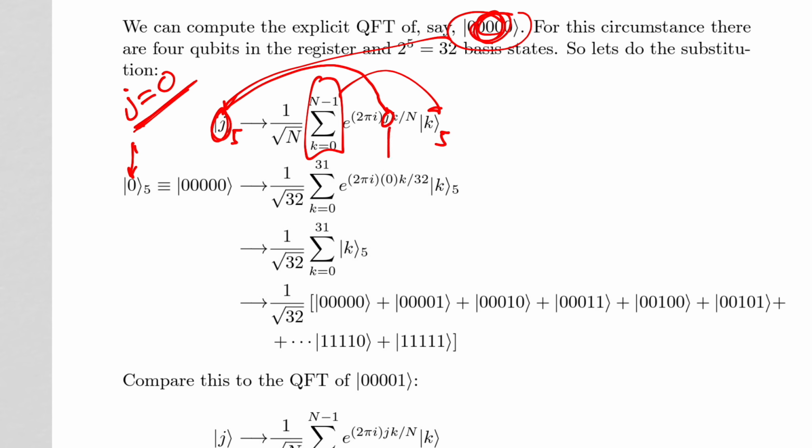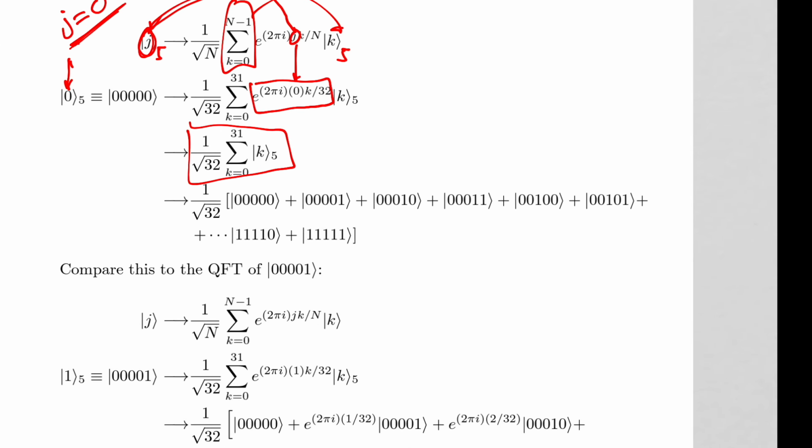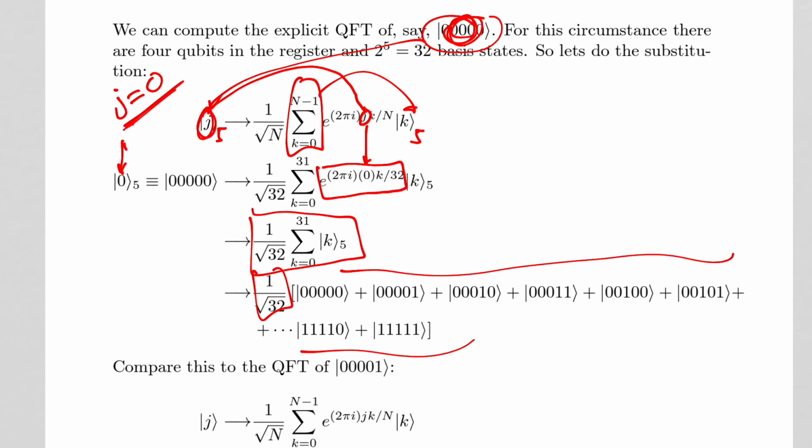So you're always going to have a 0 there, and so this phase is never going to change. It's always going to be 1 for the entire sum. So this becomes the easiest sum to do. You're summing over all of the basis states, and you get a straight admixture of the states all normalized by 1 over the square root of 32. So this is why I'm saying this is the easiest of the basis states, right?